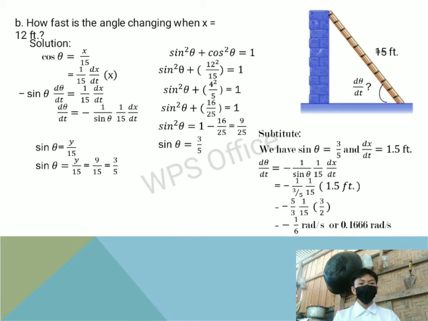We have sin theta equal to 3 over 5 and dx over dt equal to 1.5 feet per second. d theta over dt is equal to negative 1 over sin theta times 1 over 15 times dx over dt, which is equal to negative 5 over 3 times 1 over 15 times 1.5.